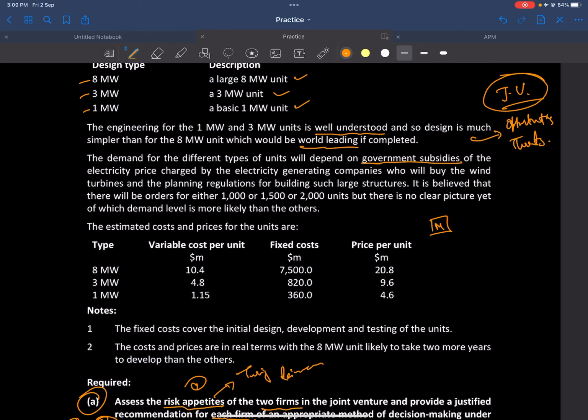And these guys will sell to this electricity distributing company or electricity generating company, right? So they will sell it to them, and these guys will receive from what? Government. Okay, so how much government subsidies are being allocated? Based on that, the demand will be.